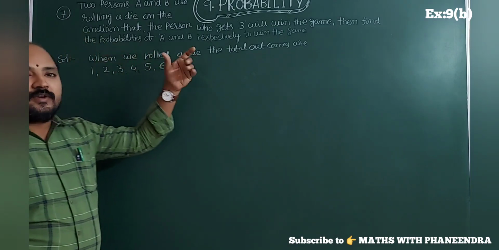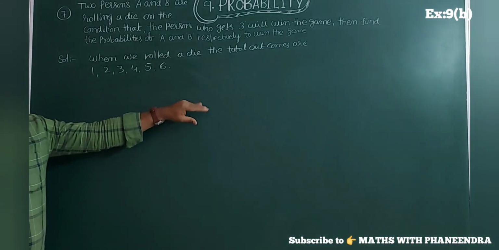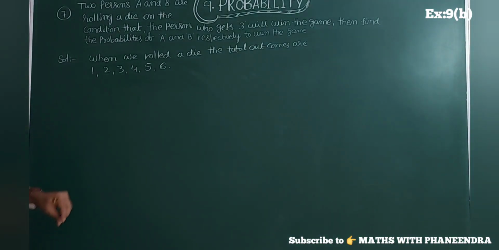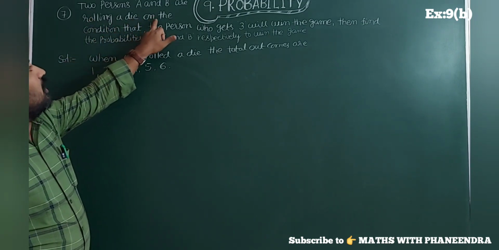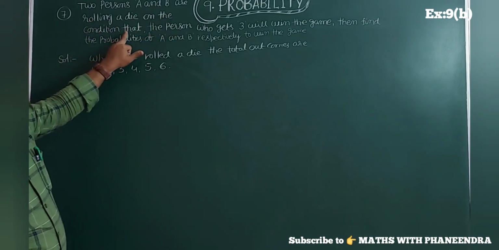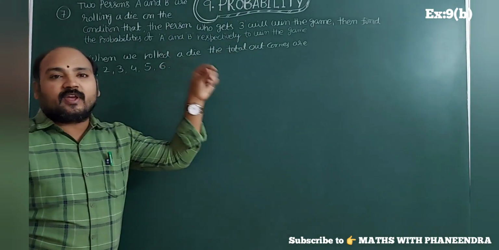Here, a condition is given: rolling a die on the condition that the person who gets 3 will win the game.